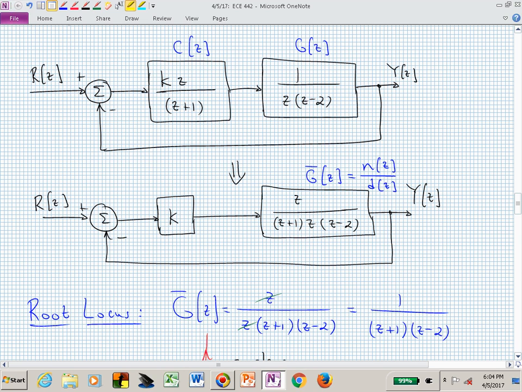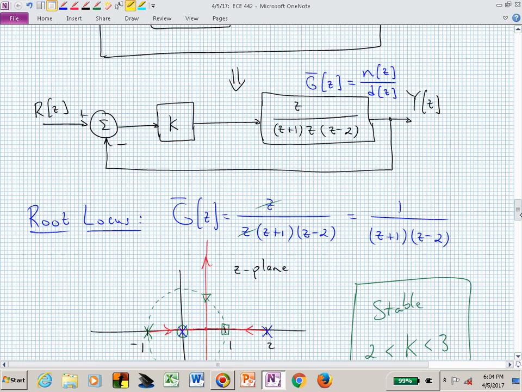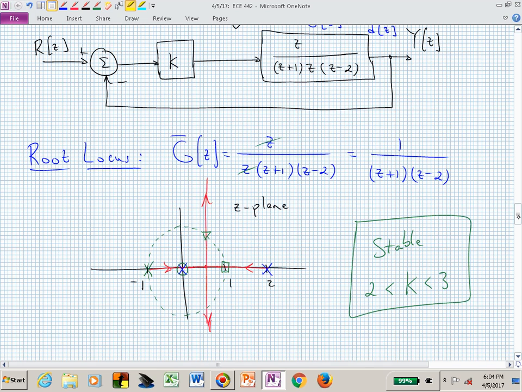How many branches of the root locus do I have? Or, so now you have to kind of be clear and always ask me, maybe I wasn't very clear, how many real axis line segments are there?